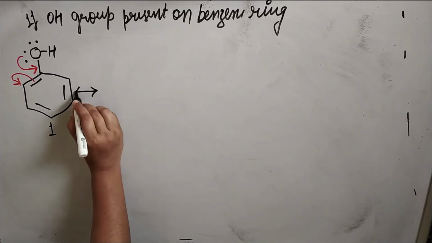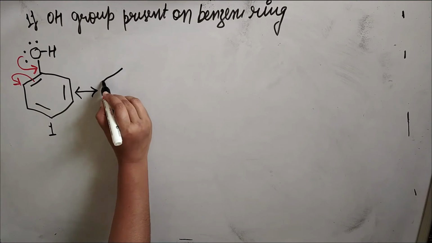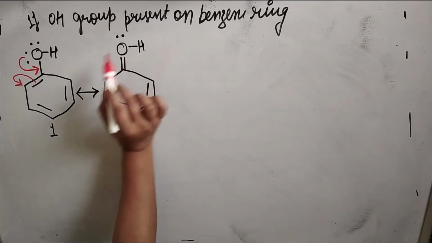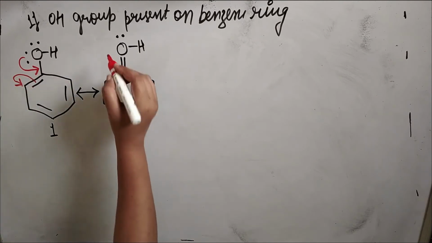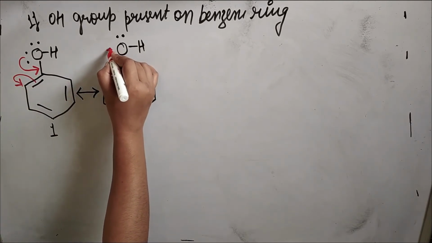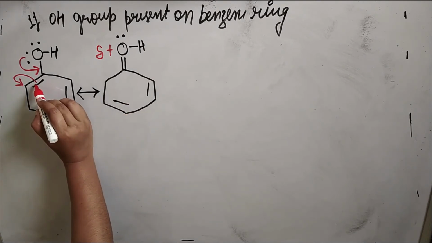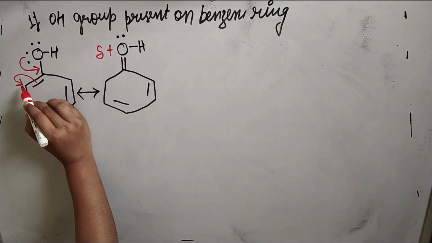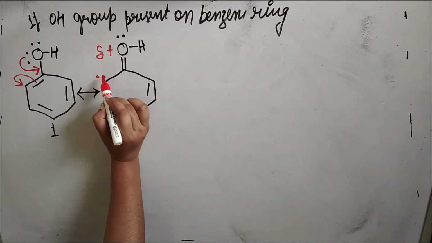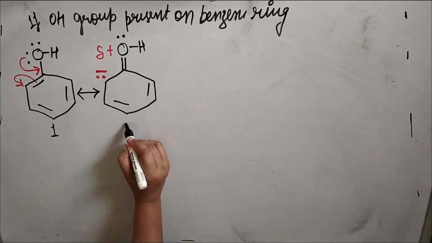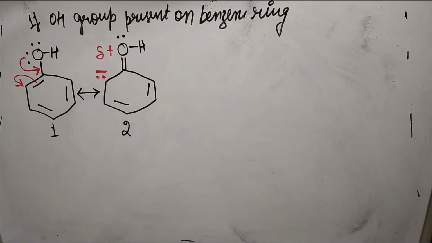Now let's see the effect of this shifting on the second structure. As the electrons are moved to this position, here the partial positive charge will appear, and because the electrons will move to this position, the partial negative charge will appear. So this is the second structure. Due to resonance this shifting of electrons takes place and the second structure will be like this.